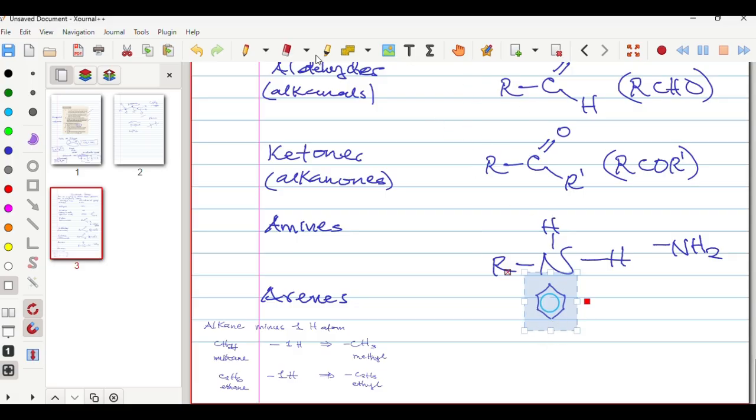But you won't see it written as C6, because it is C6H6. Before we leave this part, do you agree that it is C6H6?